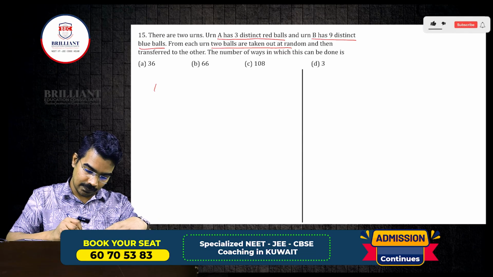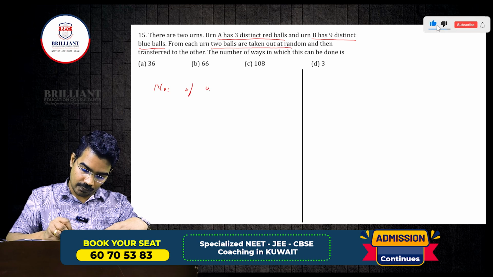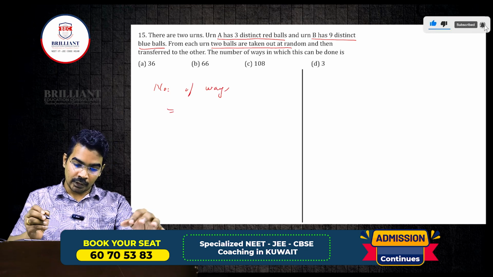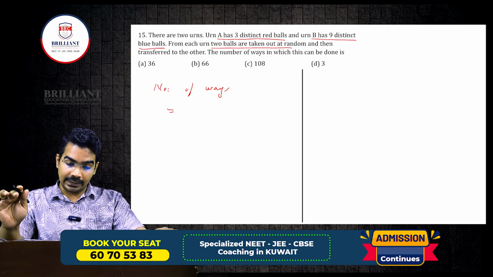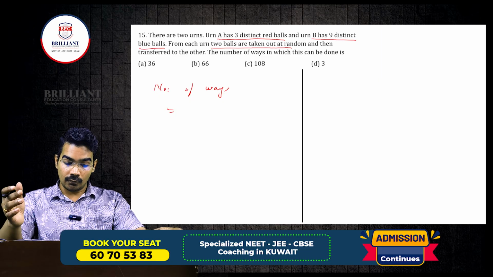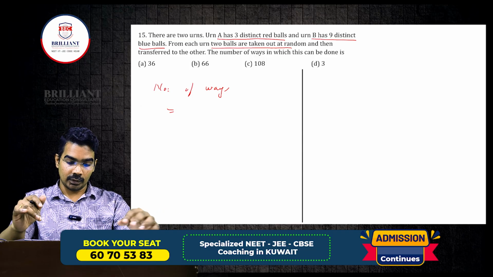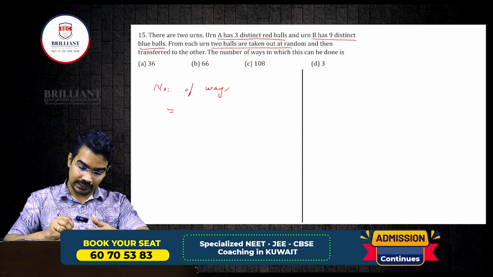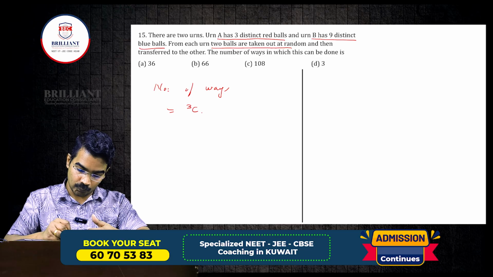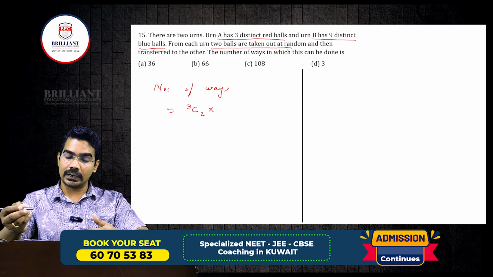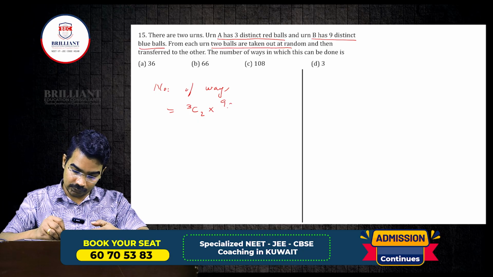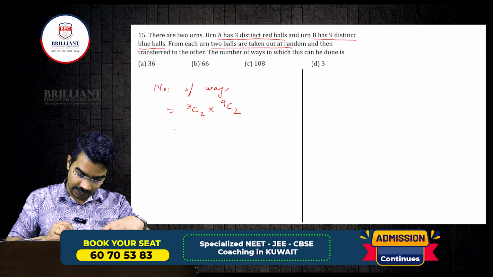So the number of ways is equal to, so you have 3 distinct red balls and 9 distinct blue balls. From each, 2 are taken at a time. So from 3 red balls, 2 taken at a time means 3C2, right? Into, from 9 distinct blue balls, 2 are taken at a time means 9C2. So you have your answer.